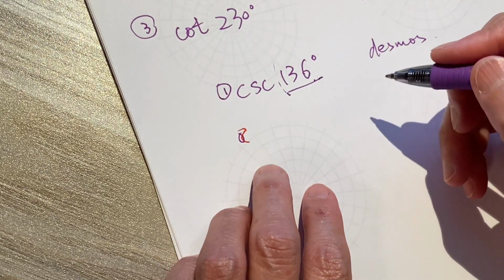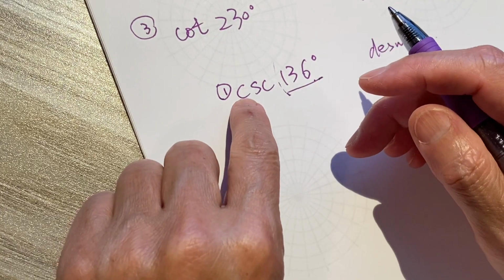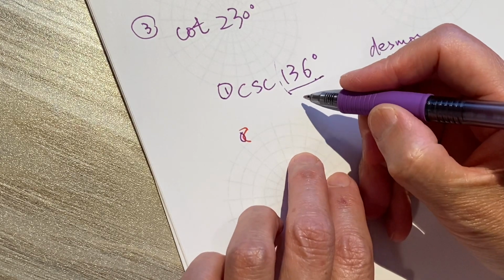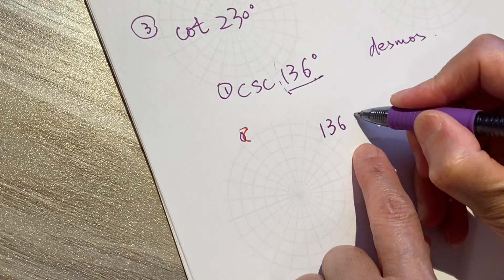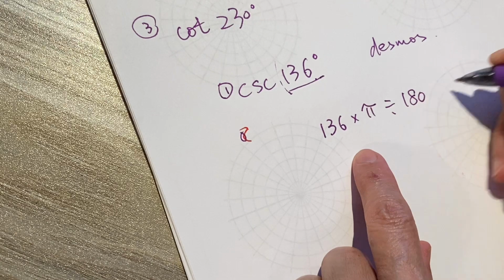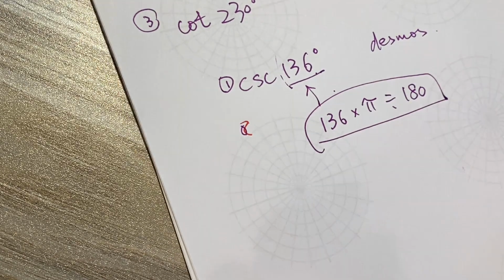Decimal uses radian, so I do this. I found the function cosecant, and instead of writing 136, I write 136 times pi divided by 180. Then plug this in, I get a result.